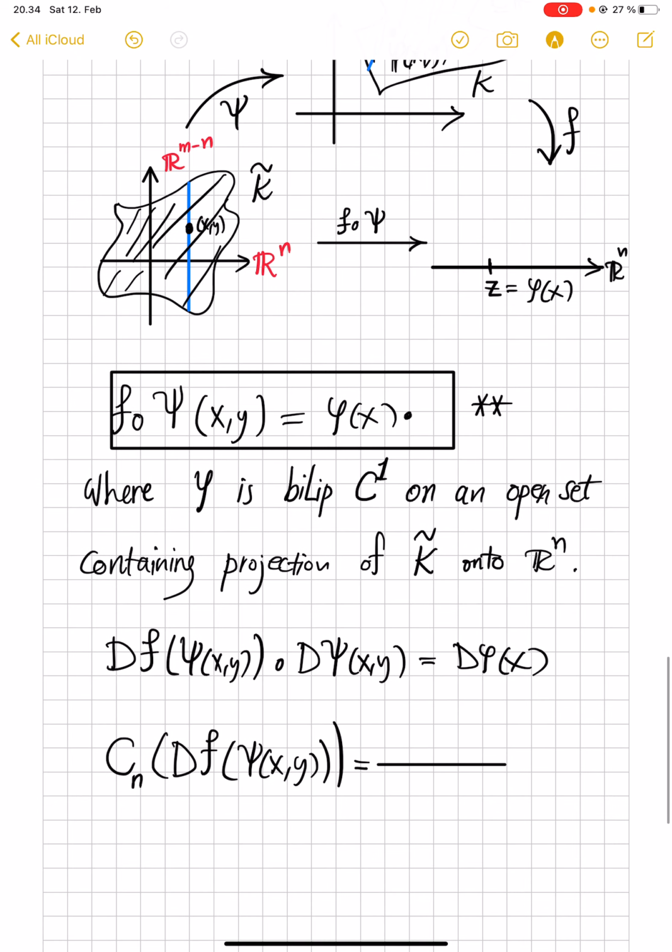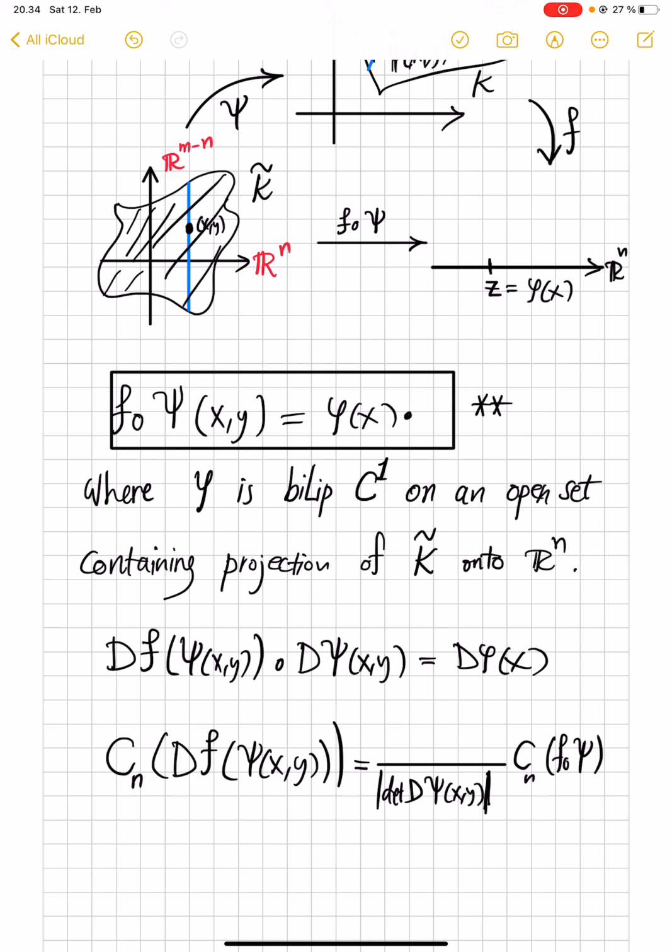You get the derivative of psi at xy and the determinant of this. That is not surprising. It's the Jacobian of the change of coordinate system, times the Coarea factor of this revised map.